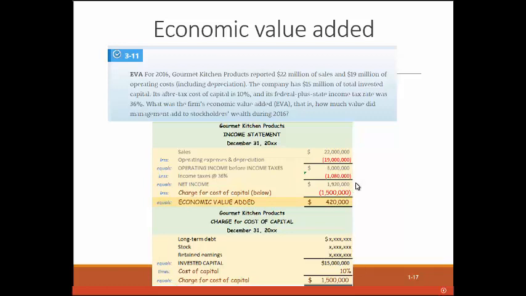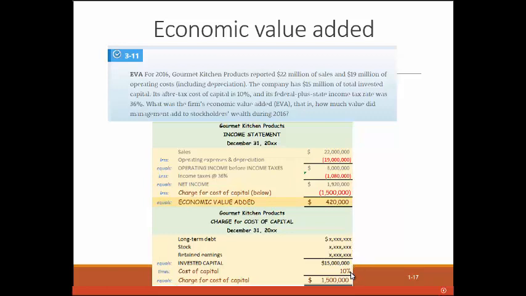It's called a capital charge. So let's do some more calculating. This problem gives you the total invested capital as $15 million, but we know that invested capital would be the sum of all long-term financing sources. So if you want to determine how this $15 million was calculated, you would take the total of long-term debt plus stock plus retained earnings. Those three together would give invested capital of $15 million.